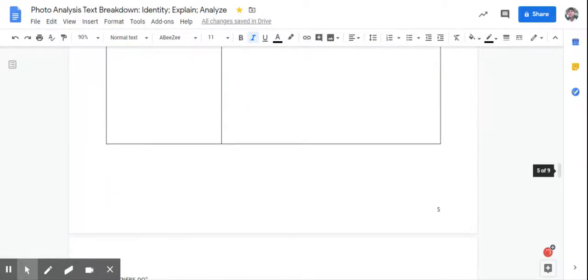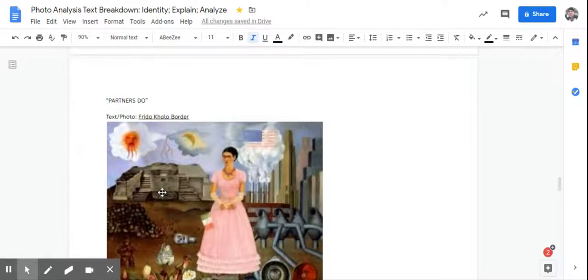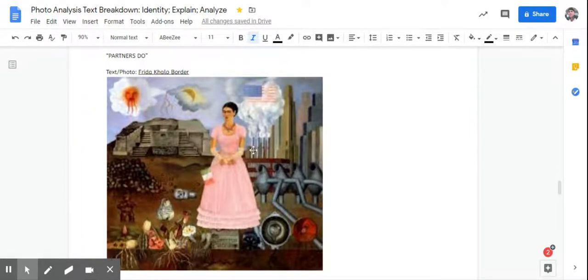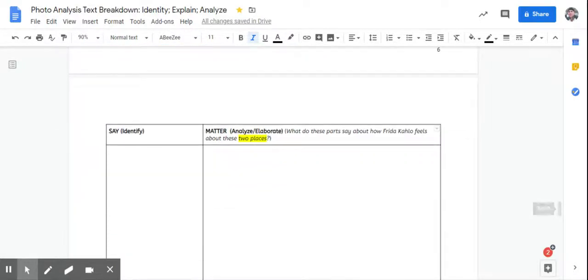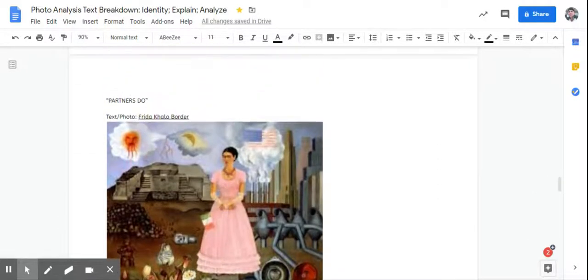Same with the Frida Kahlo one. What is Frida Kahlo feeling about these two places, cultures, societies? I don't know. That's where your analysis comes into focus. So again, feel free to do Frida Kahlo Border with a partner.